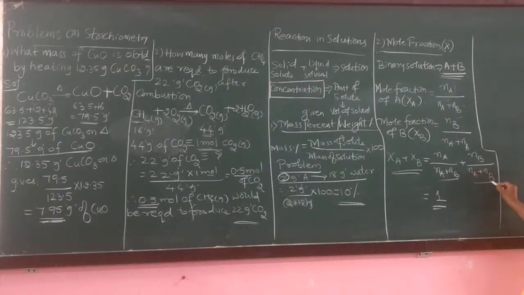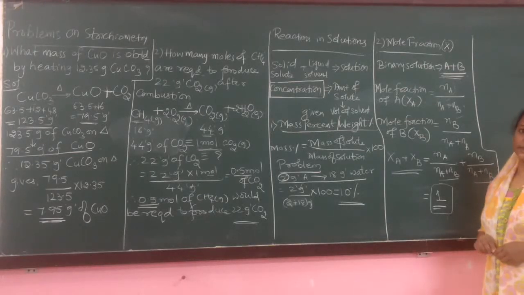LCM will be nA plus nB, and denominator is nA plus nB, numerator also will be nA plus nB. Divide the numerator and denominator, it is equal to unity or 1. So this is regarding mole fraction X.